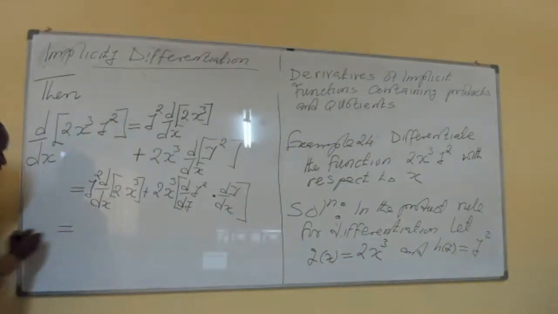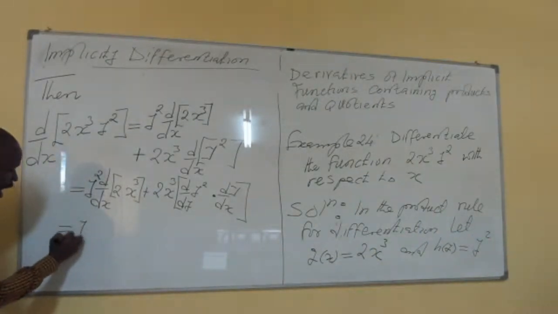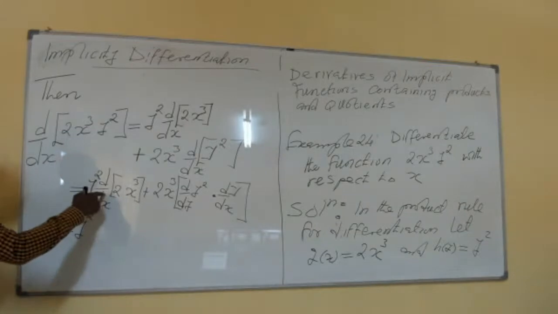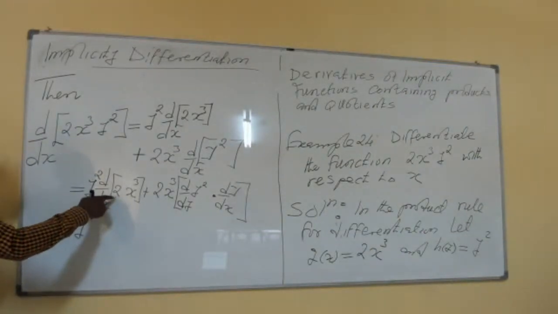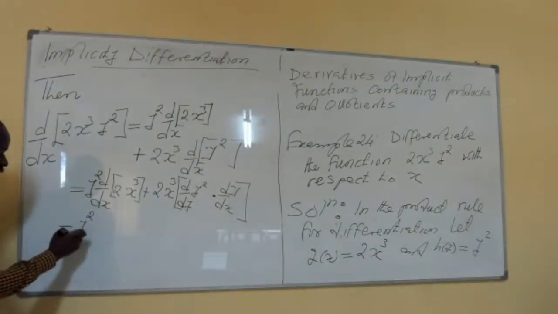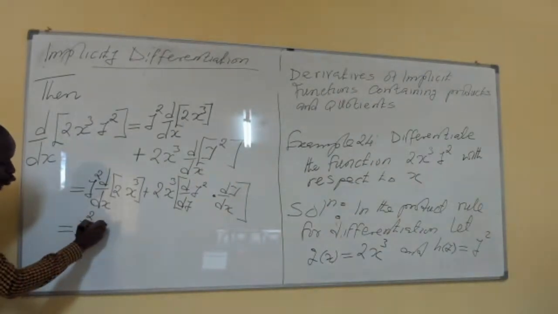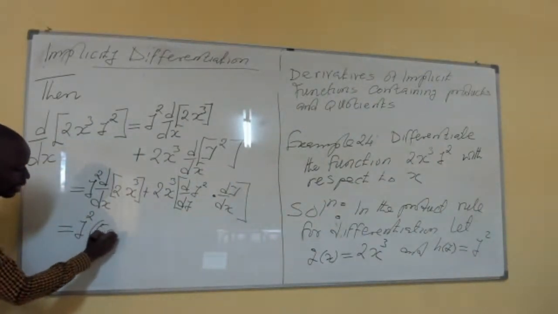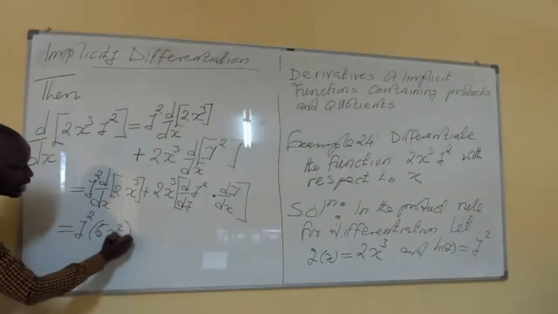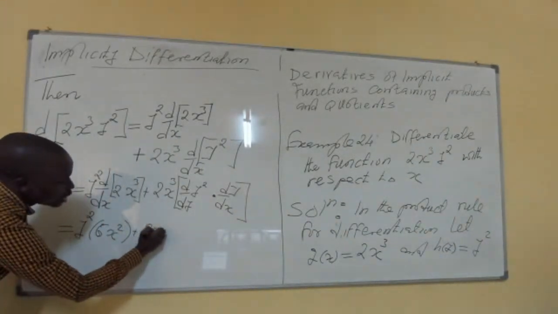Now, having done that, you have y power 2 times the derivative with respect to x of 2x power 3, which will just give us 6x squared, then plus 2x.